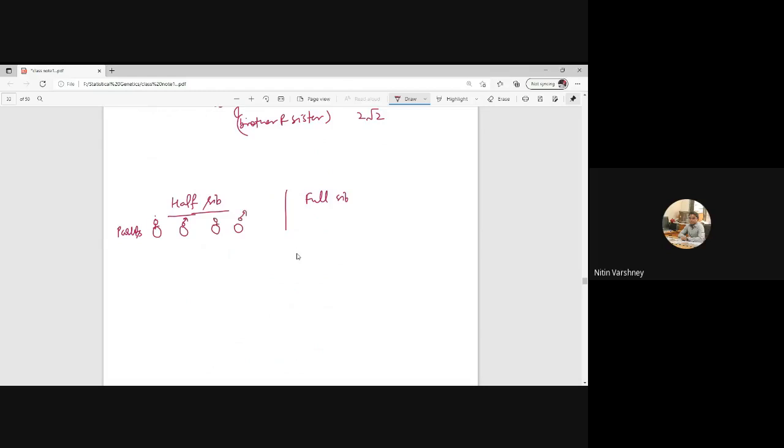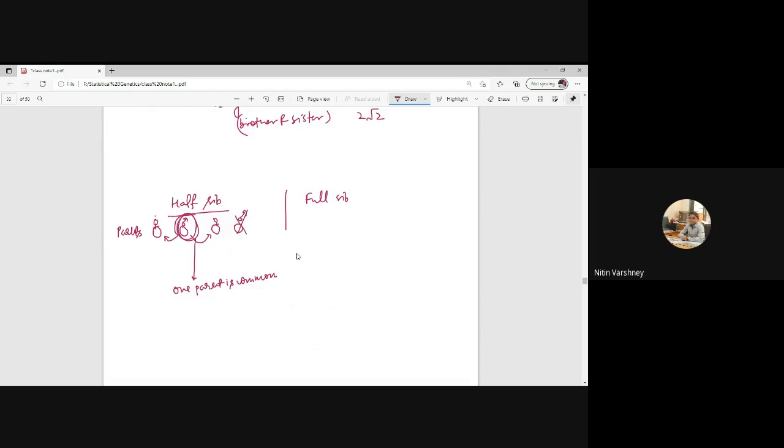Now when we cross, if one parent is common, suppose I take this male as common, this male is common for this cross and for this cross.